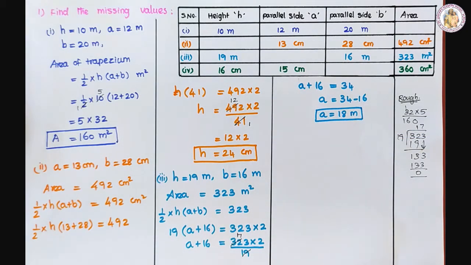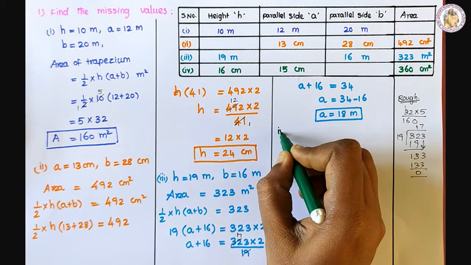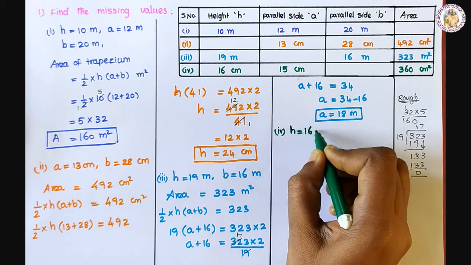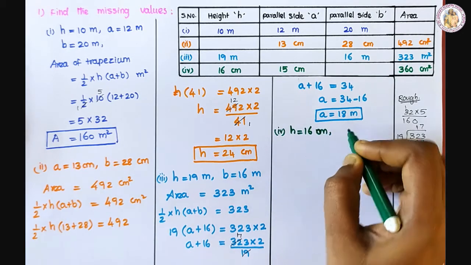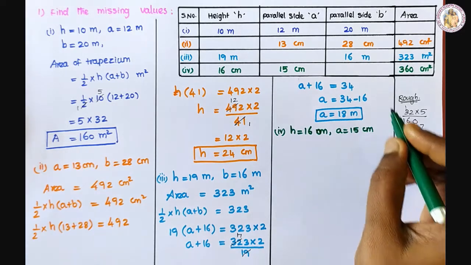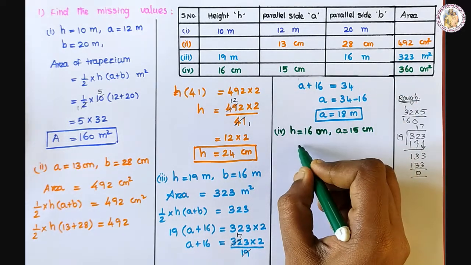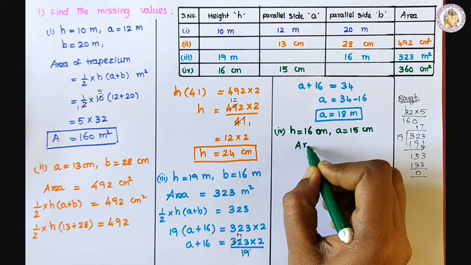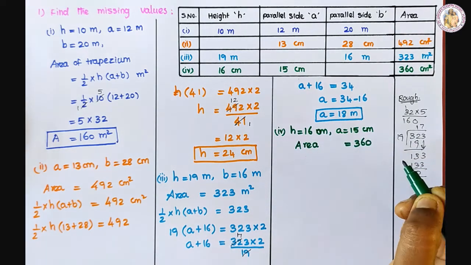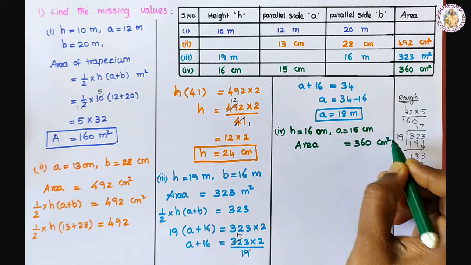Next one, fourth: h equals 16 centimeter and a equals 15 centimeter. We have to find b, and area equals 360 centimeter square.